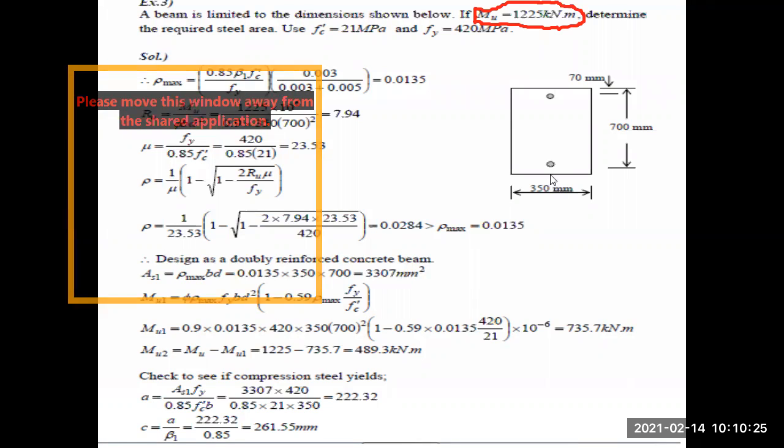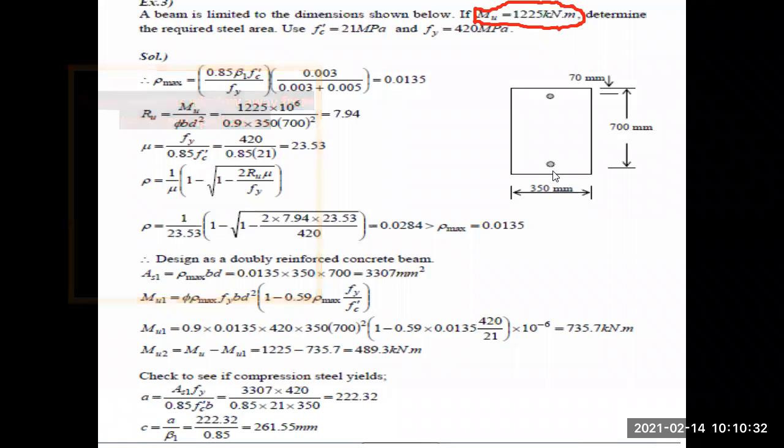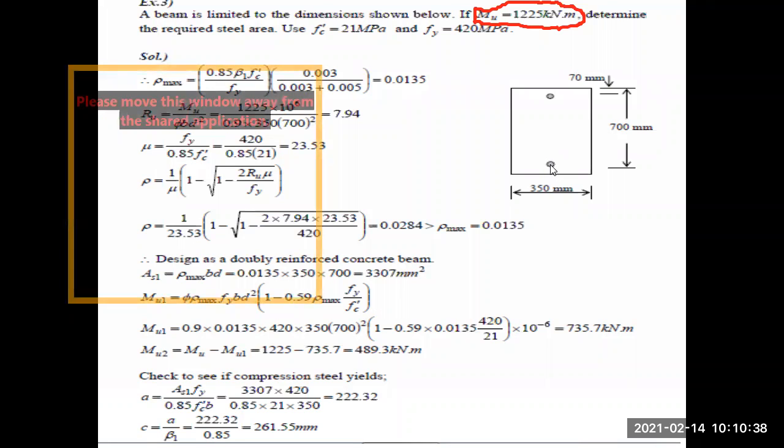So what we do, we immediately apply the maximum amount of steel reinforcement that is allowed by the ACI code 318, the maximum amount of steel reinforcement that we can have in the tension zone, taking into account that the section is still economical.